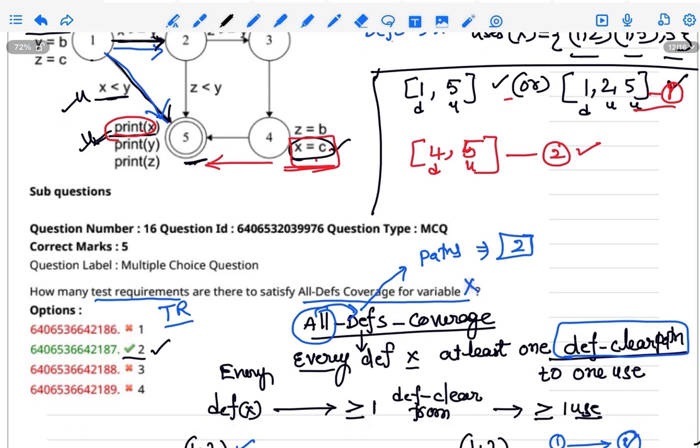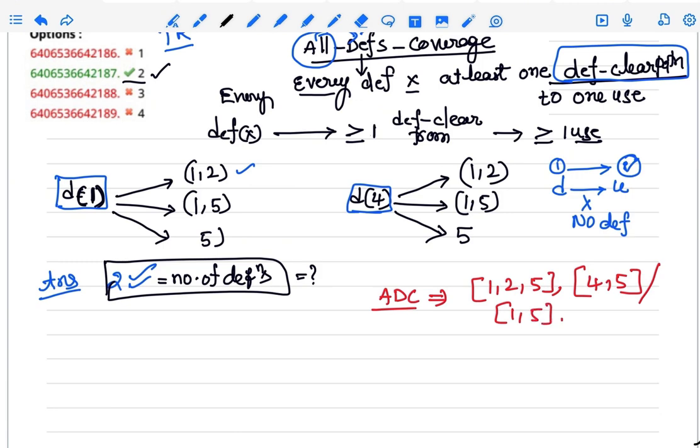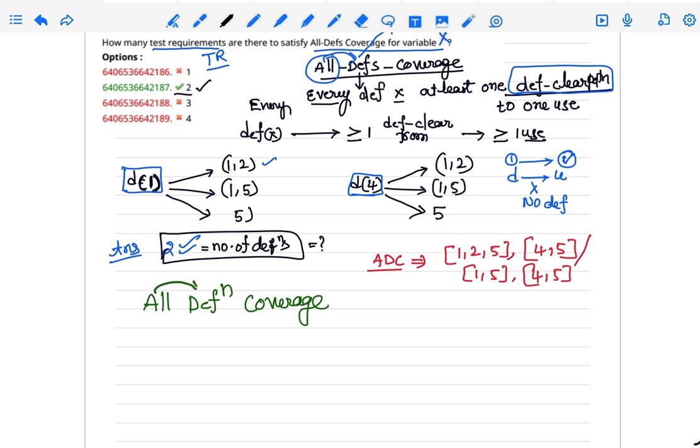So for all defs coverage, the test requirements are 2, and the paths are 1 to 5 and 4 to 5, or we can use 1, 5 or 4, 5. All means definitions. If there are n definitions, there are n paths.